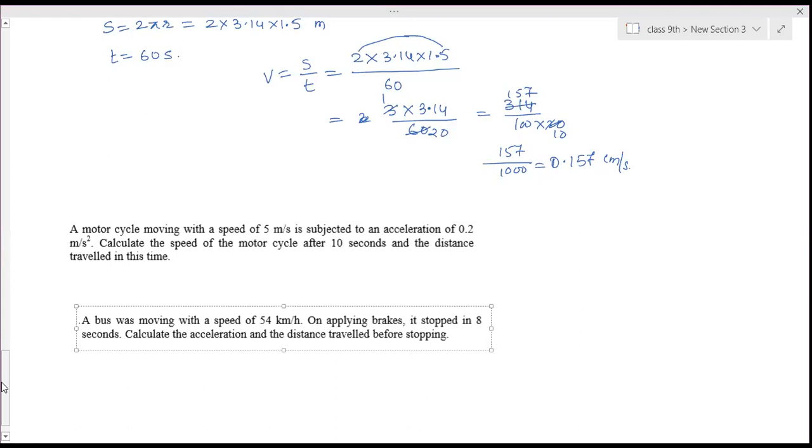Ma'am, I did it in the second question. A bus was moving with a speed... Almost like here, calculate the acceleration and the distance traveled before stopping. When they apply the brake, within that 8 seconds, we have to find the retardation and the distance. Yes. Okay.